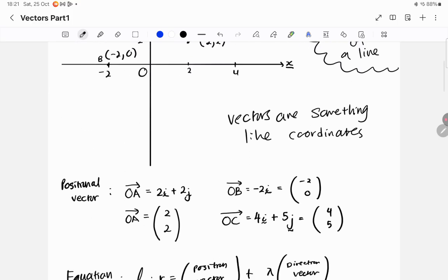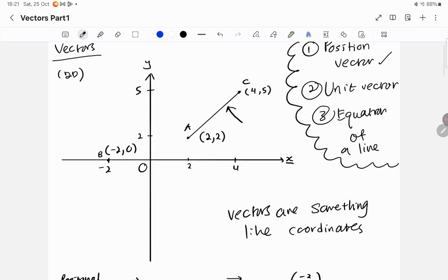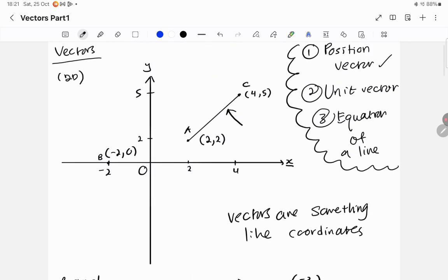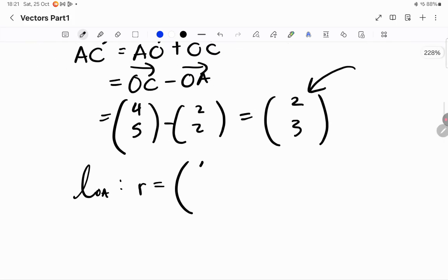This direction vector is this line over here. And to complete this, the line is essentially r equals a position vector on that line. We can take point A or point C, whichever we like. I'm going to take point C, 4, 5, plus lambda, any constant of your choice, 2, 3.